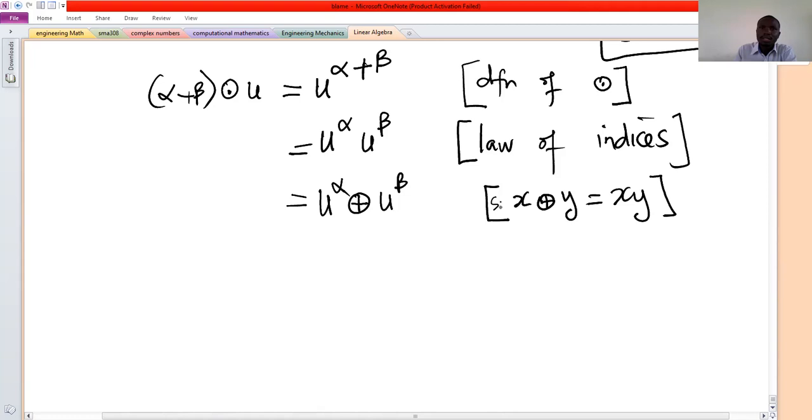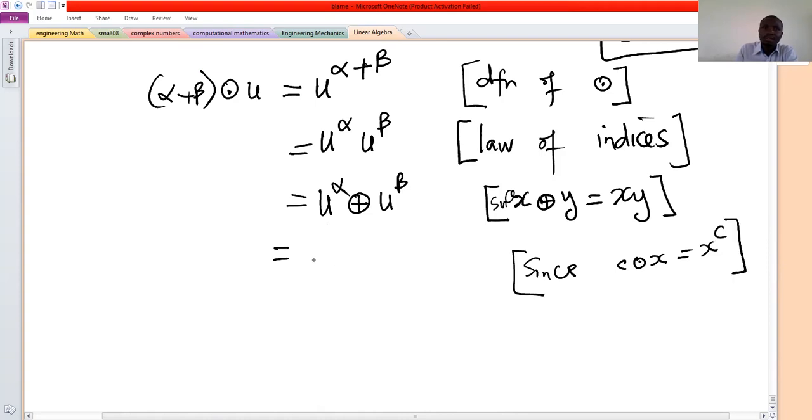Now, since this is what we have, and by definition, if you have a scalar, you multiply by any element x, you get that x raised to the power of the scalar. So therefore that definition of multiplication on this set will help us to define this.